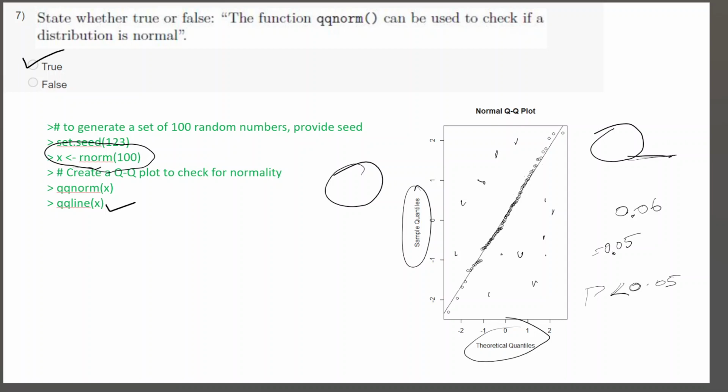Then I give qqline, and it will draw the normal line, and we can check based on that whether it is following or not. In the upcoming questions, we can do a realistic check with the given data. So, state whether true or false: the function qqnorm can be used to check if the distribution is normal. True, you can use it to check whether the distribution is normal or not.